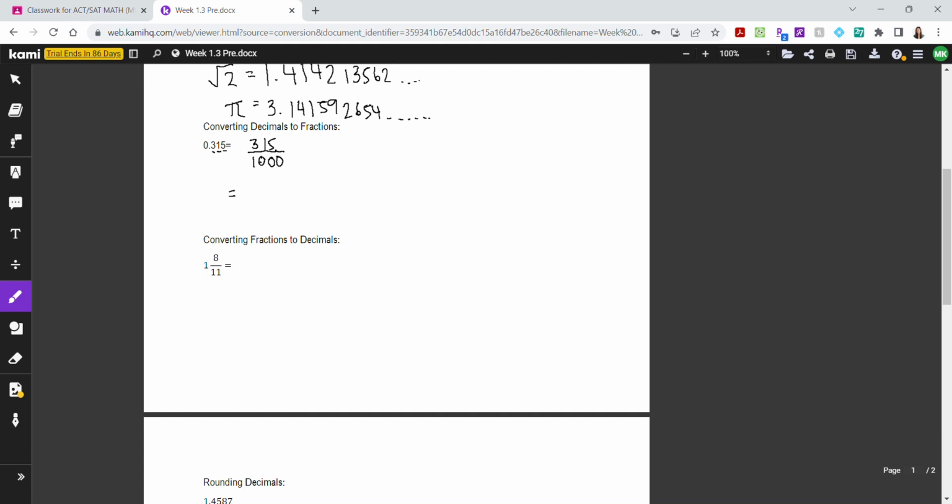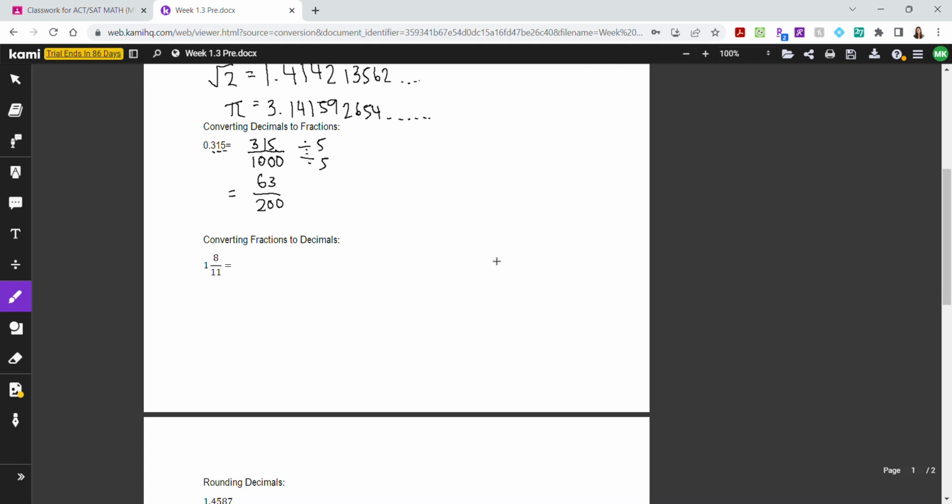So if we look, they can both be divided by 5. So 315 divided by 5, to simplify it, we would get 63 over 200, right? And now if we check, yeah, it'll be 63 over 200, and that's the furthest it can be simplified, and so that's how you would convert decimals to fractions.